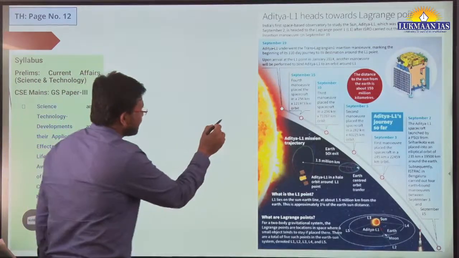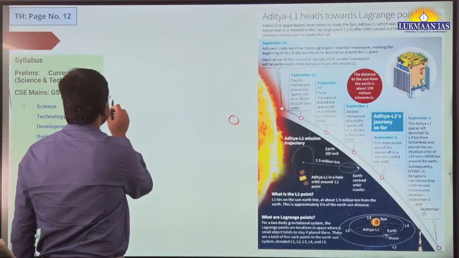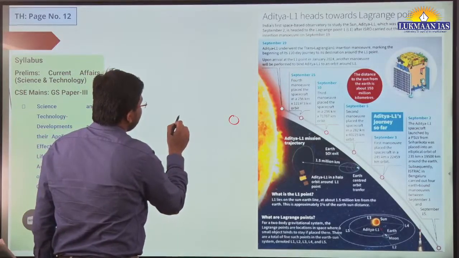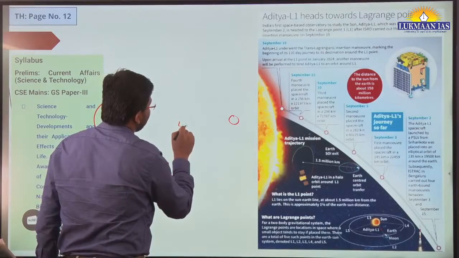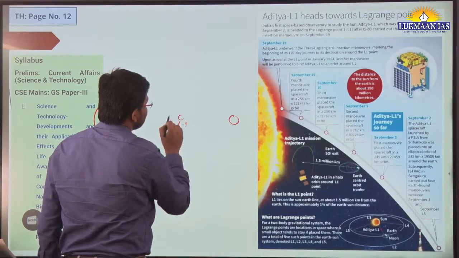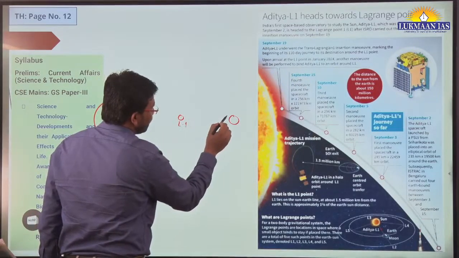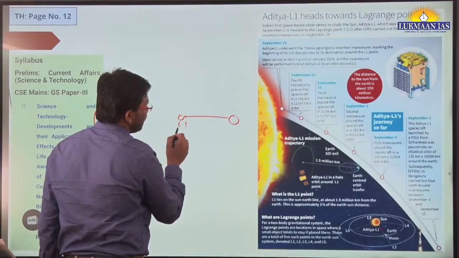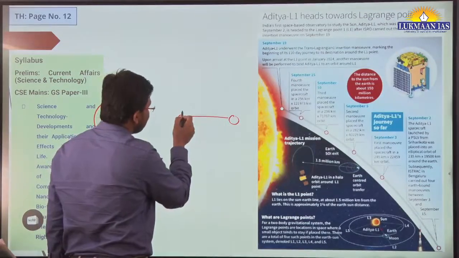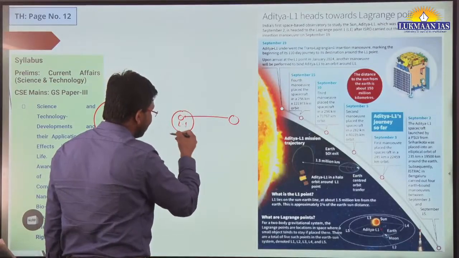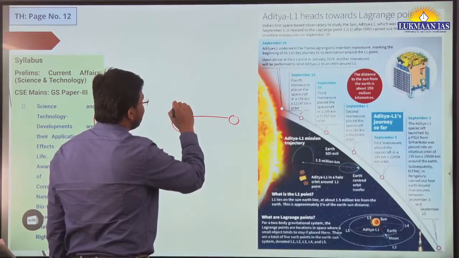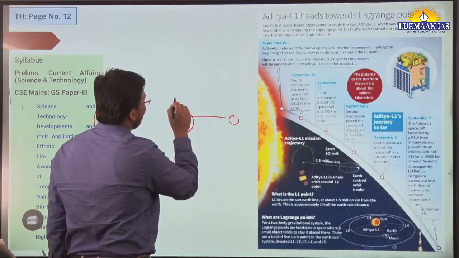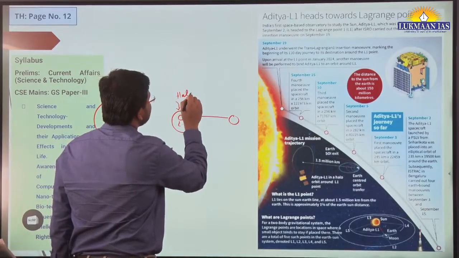So let's say this is Earth, this is the sun, and this is the L1 point, Aditya L1. This is known as Lagrange point 1. This spacecraft will be sent over here, and it is going to revolve around this L1 point in an orbit which is known as a halo orbit.